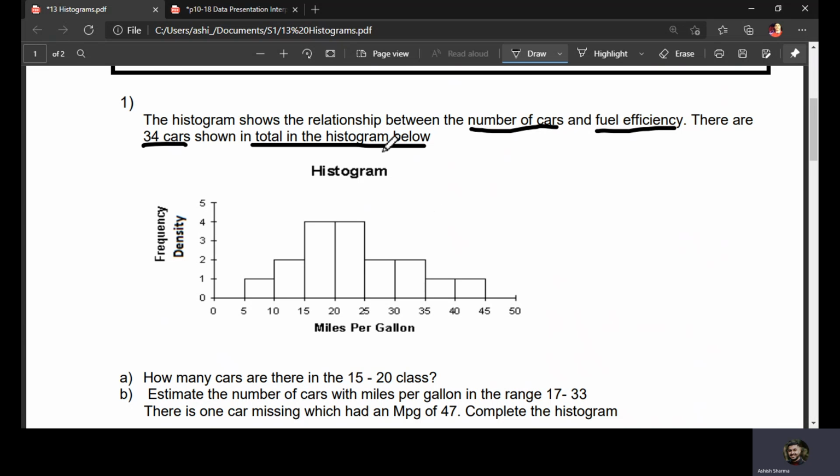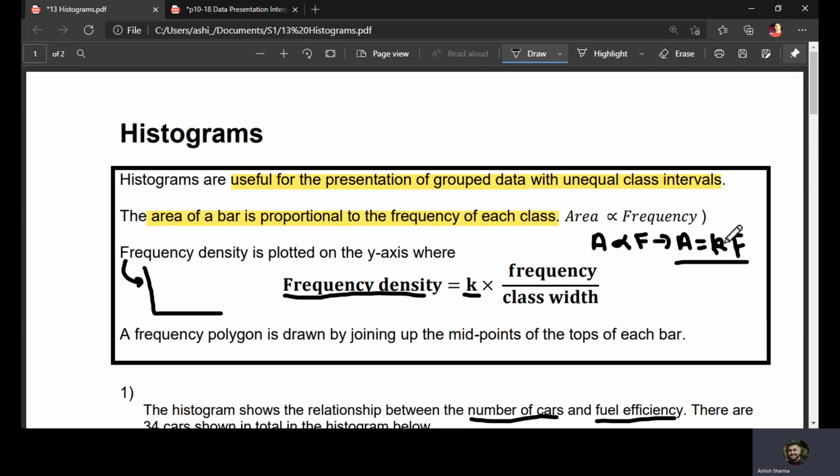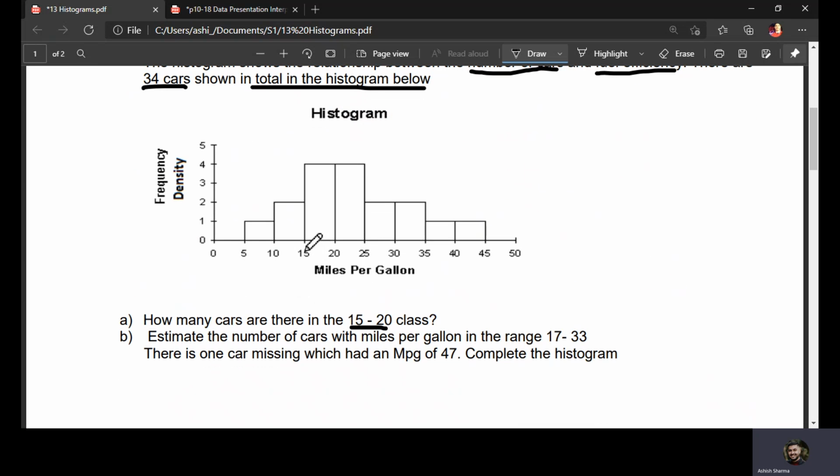So question 1A: how many cars are there in the 15 to 20 class? If you think about this first, they're asking for frequency, and if they're asking for frequency, it would be good if we can find the area. Okay, so 15 to 20, that's this bar here.